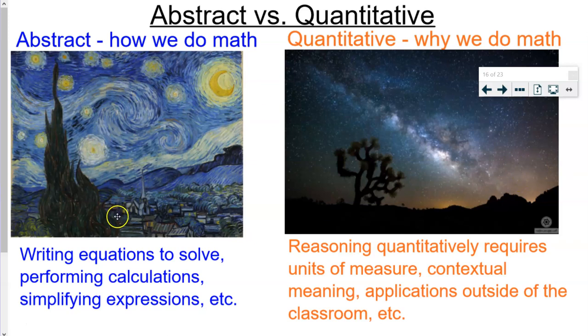Remember that in abstract, we're writing equations to solve, performing calculations and simplifying expressions. In quantitative, we're using units of measure, contextual meaning, that means meaning within a situation or meaning in the real world. And we're looking for ways to apply math outside of the classroom.